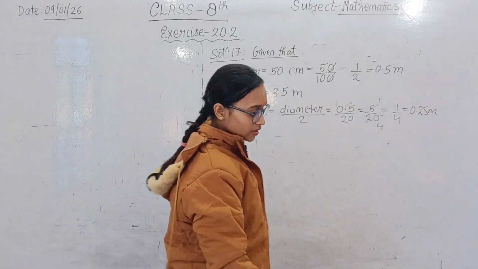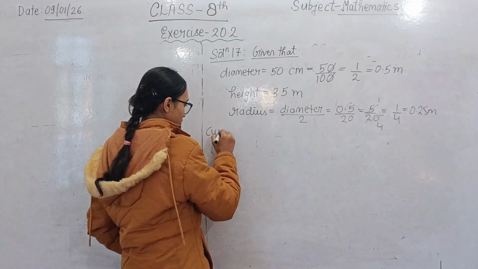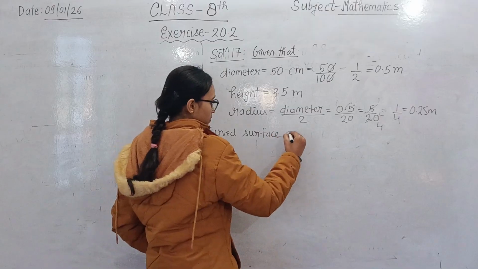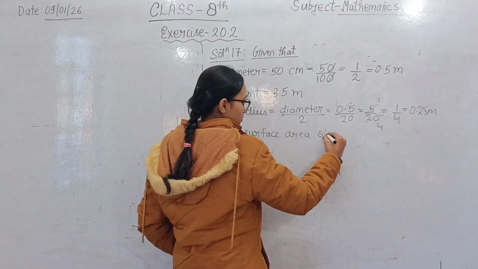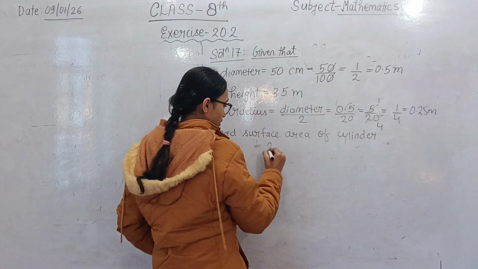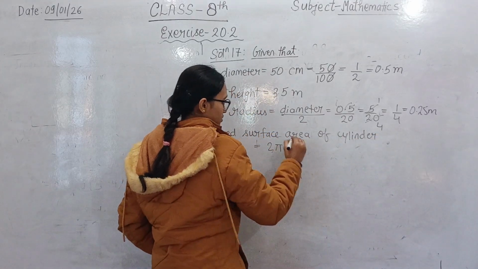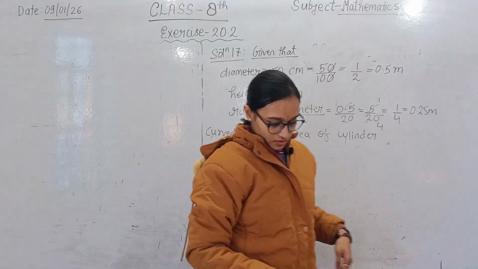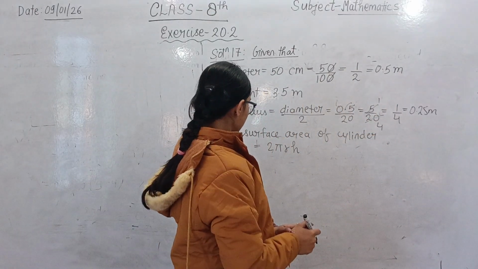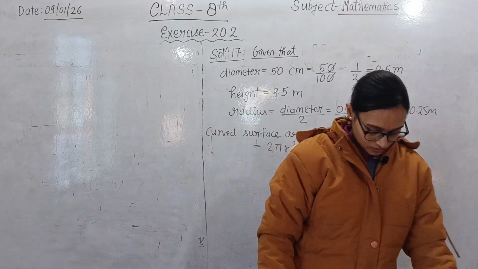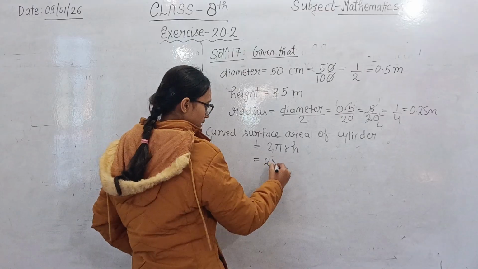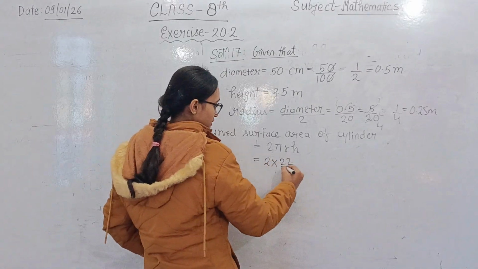Then we will calculate curved surface area of cylinder. So curved surface area of cylinder is given by 2 pi r h. Now we will put the value. 2 multiplied by value of pi, which is 22 upon 7.